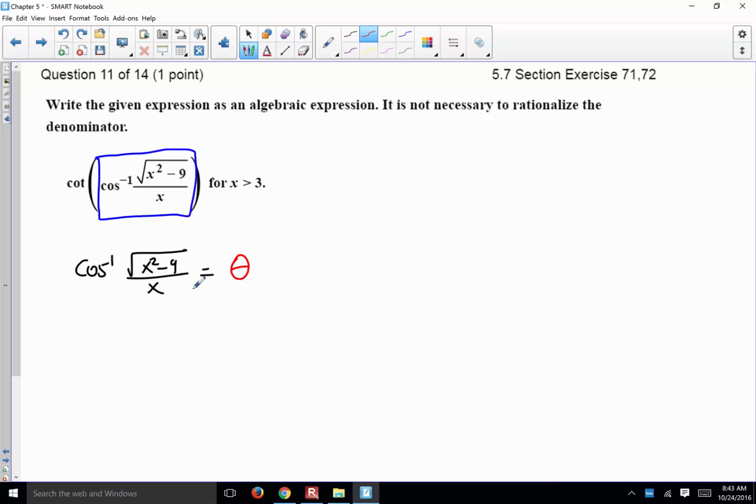Are we good so far? We're starting inside, setting into theta because we are expecting an angle. Cosine inverse functions always give an angle. Call it theta. Then guess what? I'm going to compute this theta by flipping it. So this is cosine theta equals x squared minus 9 over x.